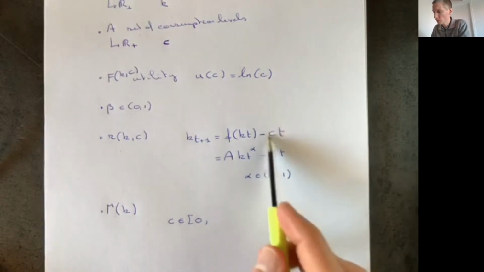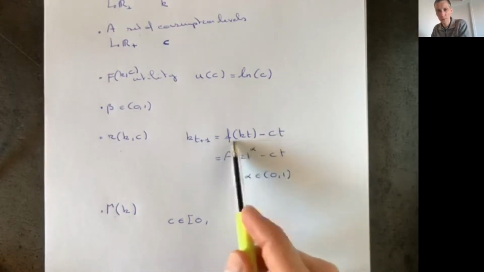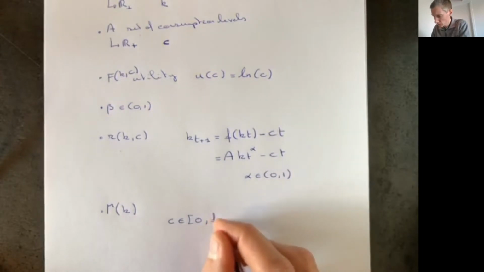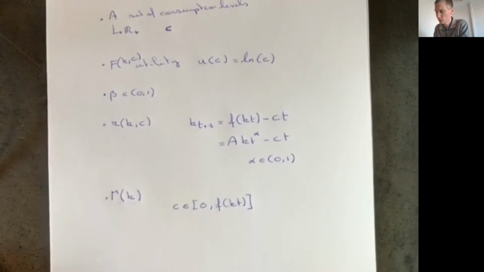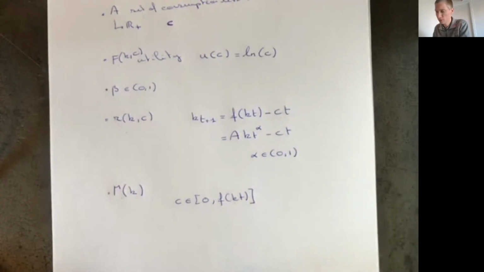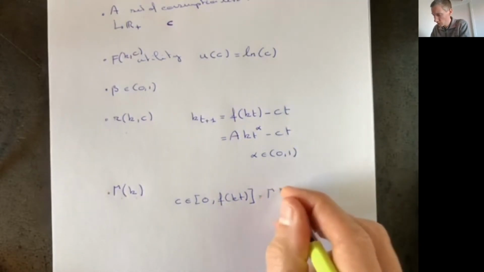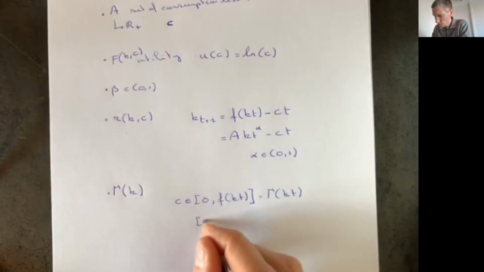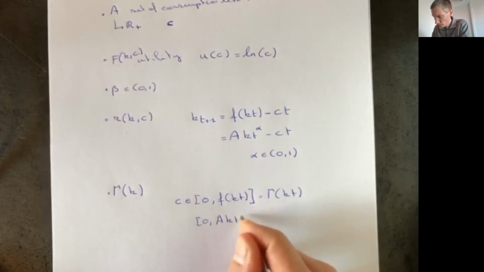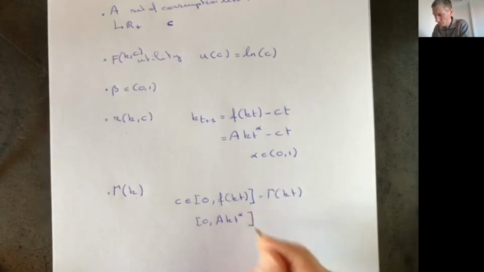So the maximum amount of c_t that we can consume is equal to f of k_t. Okay. So c has to be between 0 and f of k_t. So this is gamma of k_t, this interval here. Okay. And if you use this value here, well then this is equal to 0 to A k_t to the power alpha. Okay, this interval.